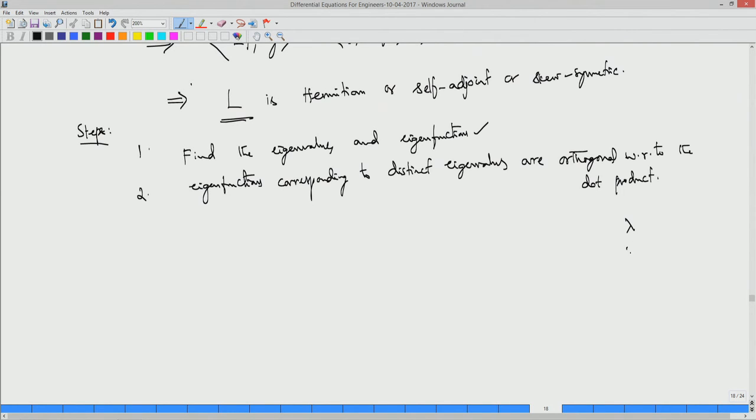Let us call these v1(x), v2(x), two eigenfunctions corresponding to the same eigenvalue. You cannot expect them to be orthogonal, but they are linearly independent, that much is sure, because that is how you find these two.